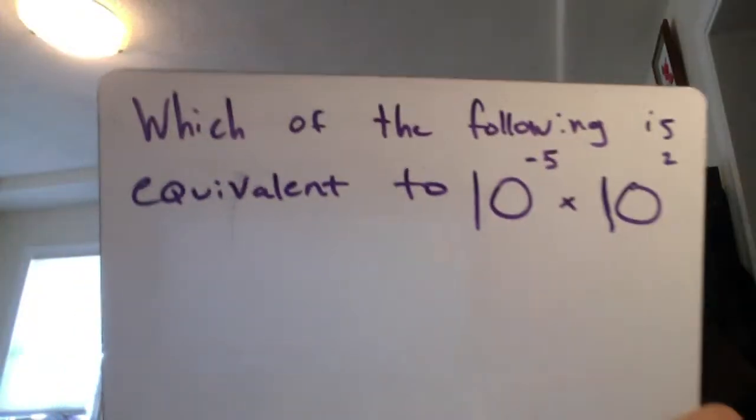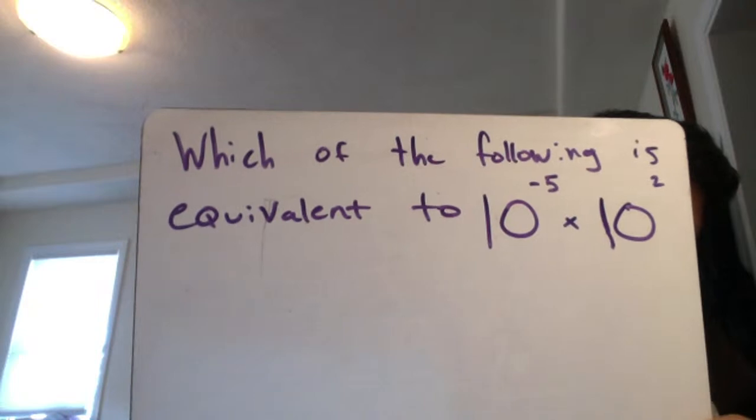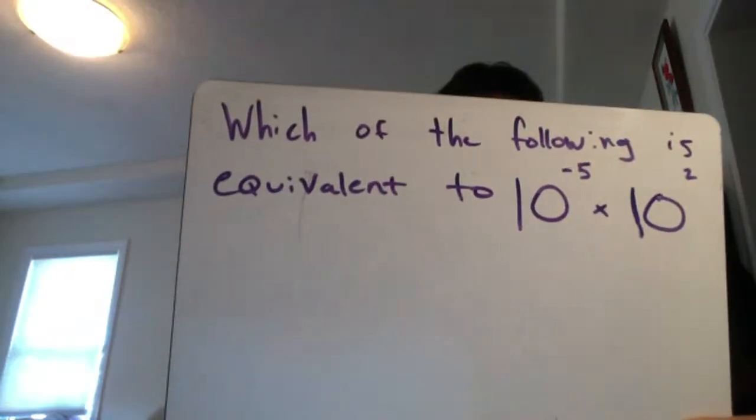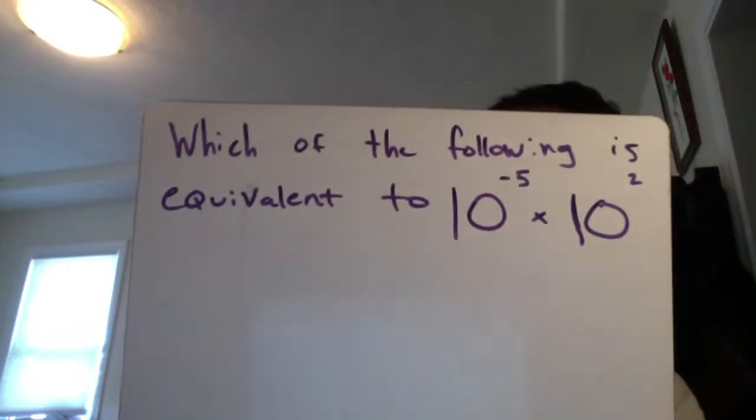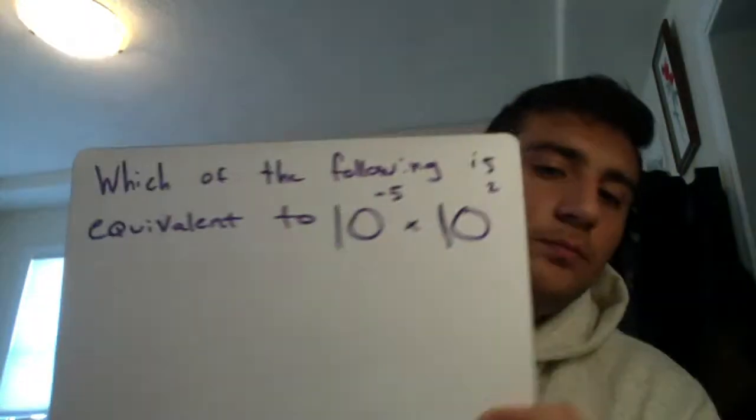Which of the following expressions is equivalent to 10 to the negative 5th times 10 squared? All righty.